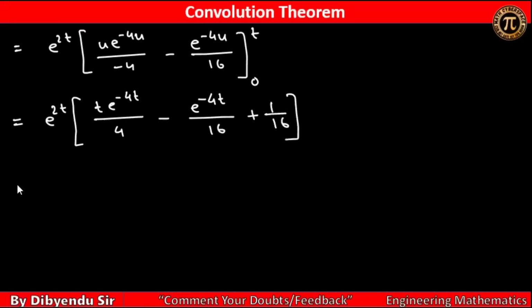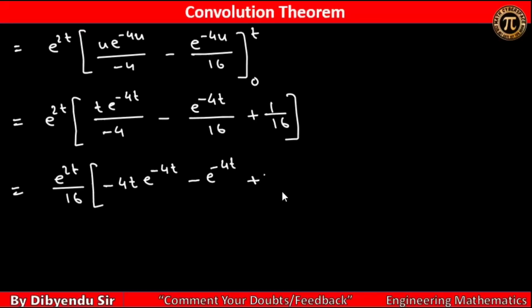Just simplify this. I am taking common 1 by 16, so e to the power 2t divided by 16 into, here you have a minus, so minus 4t e to the power minus 4t, and from here minus e to the power minus 4t, and this is plus 1.